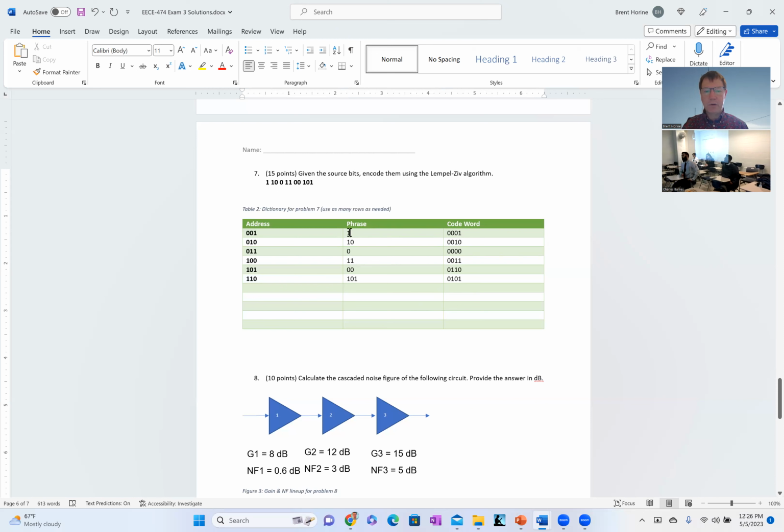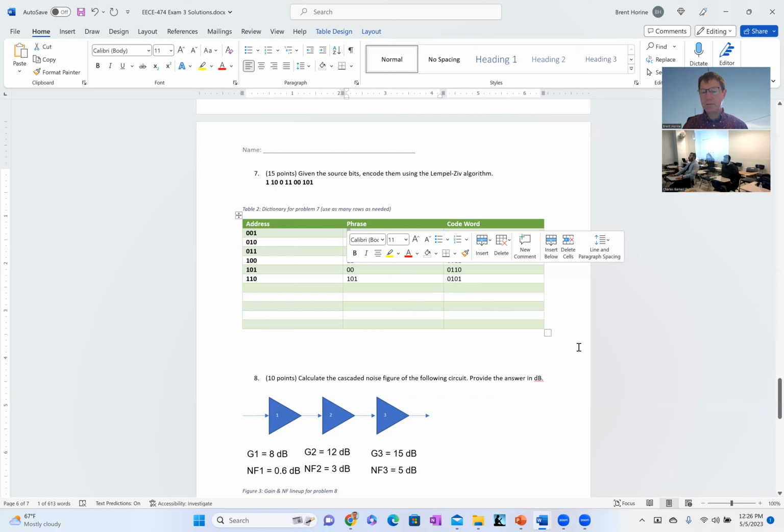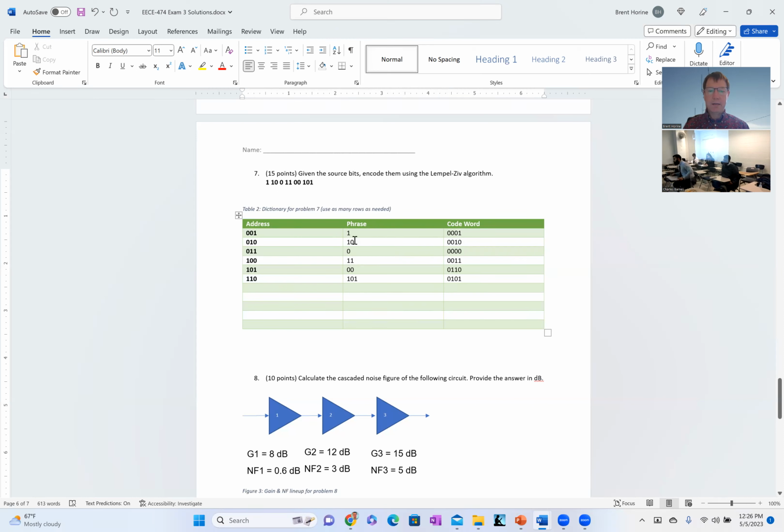And then we record the digit on the right that made this phrase unique, right? But here, when we do this 10, when we try to write that code word, we look at the one, the preceding part of the code word of this phrase. And that's one. We find that in our table, and that's at an address of 001. So we write down 001, and then the bit that made it unique, which is 0.